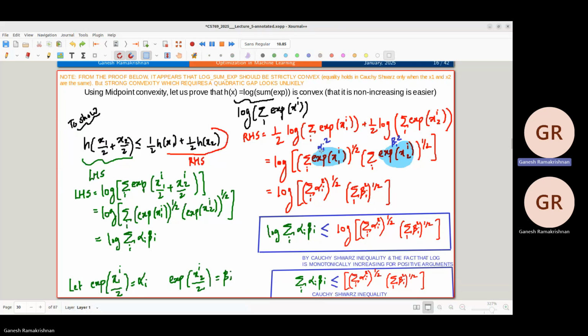the half times, there's a half here, half log, right? So this half will now become an exponent: you'll raise the sum over i of exp x1 i, the whole thing raised to half. Similarly, sum over i exp x2 i, the whole thing raised to half. So the sum of logs has become log of the product. That's point number one. And the scalar multiple of the log has gone into the exponent within the log.